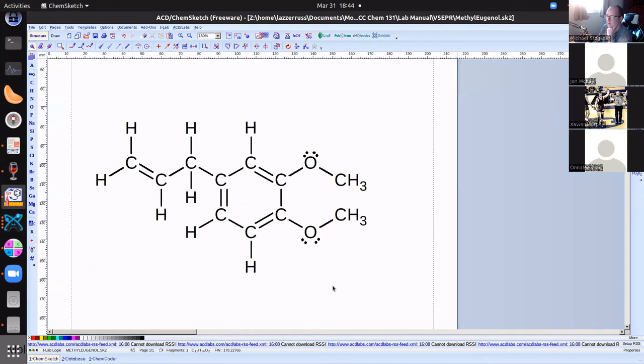So what is that VSEPR shape going to be? We already did oxygen, so it should be pretty obvious. It'd be bent. It's going to be bent for its molecular structure, and tetrahedral for its electronic structure.